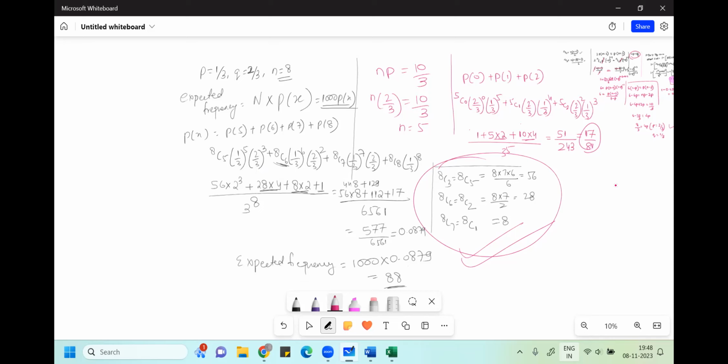So whenever they're asking you expected frequency, you have to multiply the total number of data with your probability value. Done, everyone?